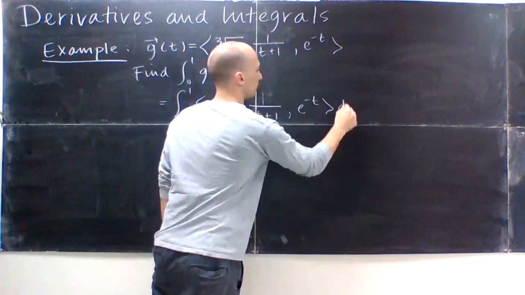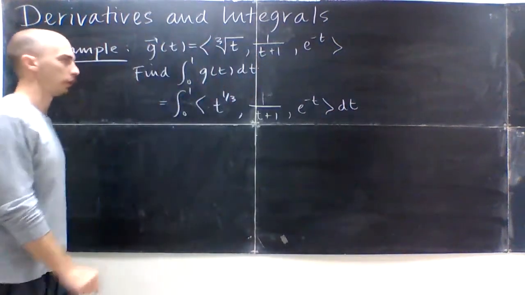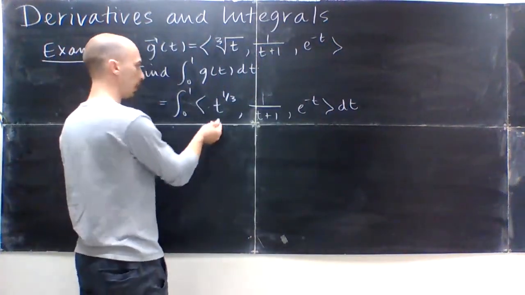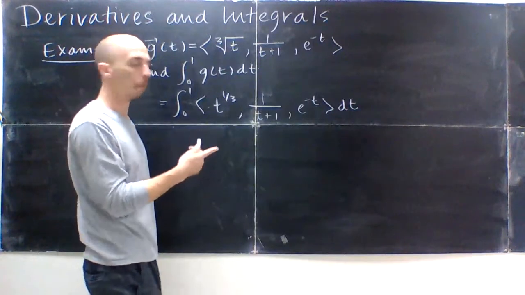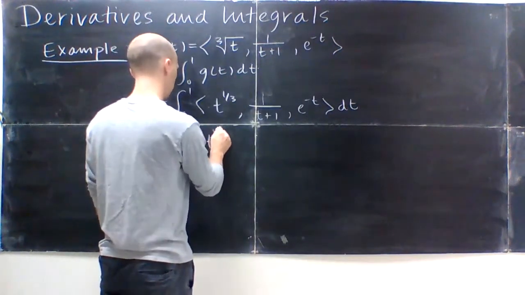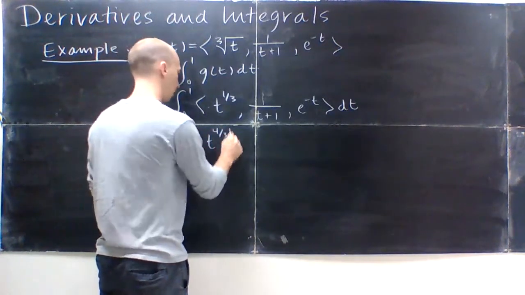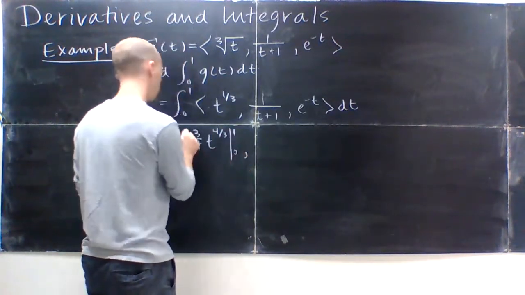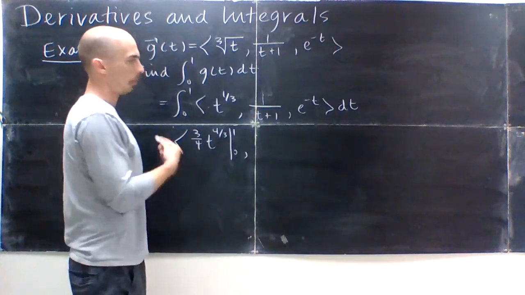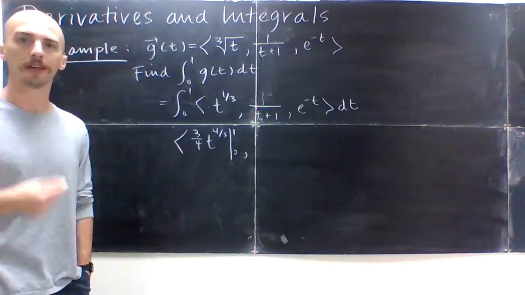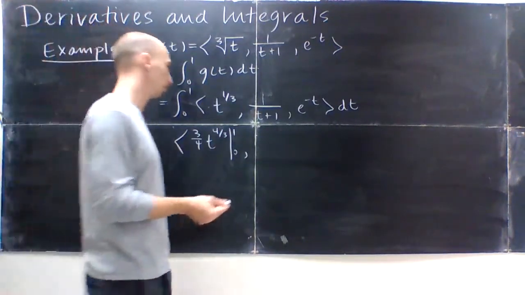All right. Okay, antiderivative for t to the 1/3: I'm going to bump up the power by 1, so that would be t to the 4/3. Divide by the new power, it's 3/4. Let that run from 0 to 1. For 1 over t plus 1, an antiderivative would be natural log of the absolute value of t plus 1.